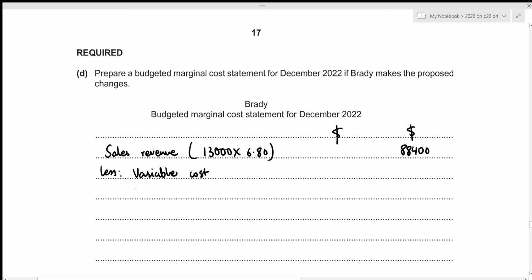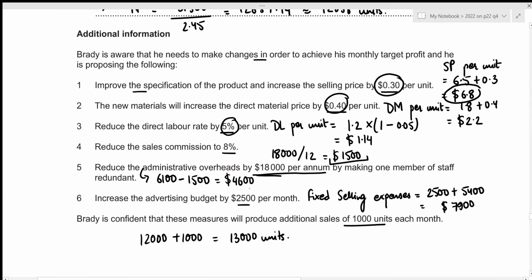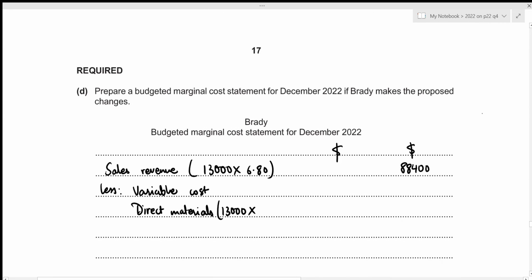The first variable cost we have is of direct materials. Again, we have the total number of units of 13,000. Now we just need to multiply the direct materials per unit to it. And we already figured out the direct material per unit to be 2.20. So let's substitute this amount. And this gives the total direct materials to have the amount of 28,600.